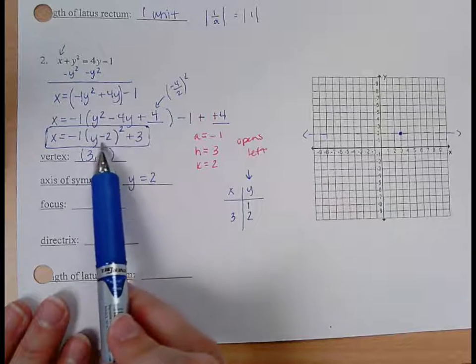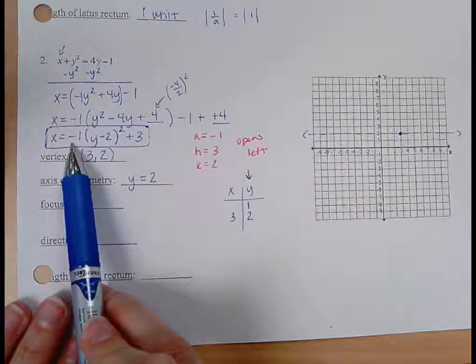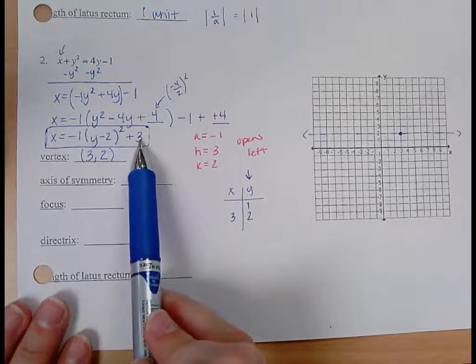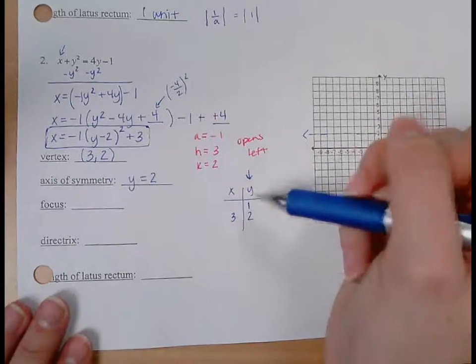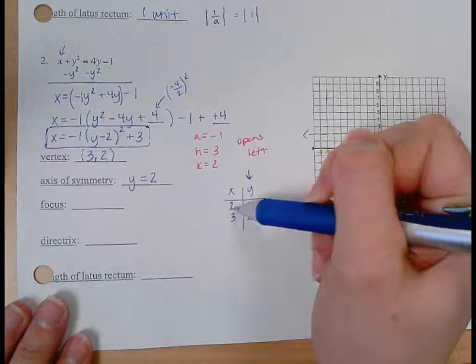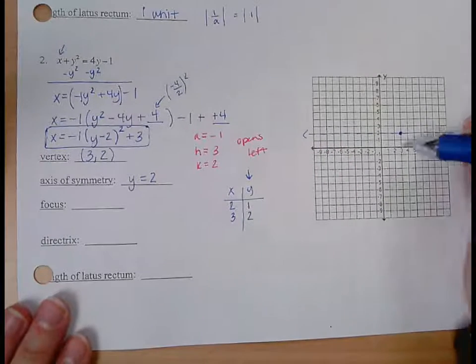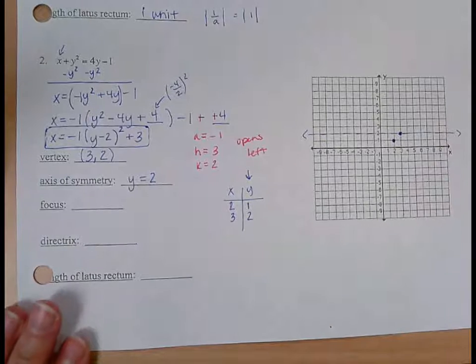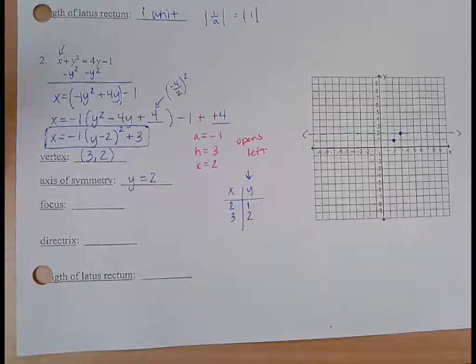Then I would take that positive 1 and multiply it by negative 1. So that's negative 1. And then plus 3 would be 2. So when y is 1, x is 2. So I can plot 2, 1. And if I reflect that over the axis of symmetry, what other point is on our parabola? Where would that reflect?